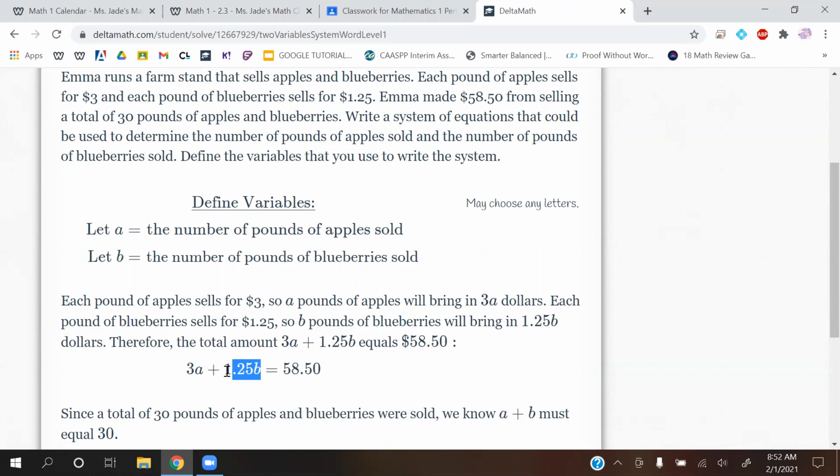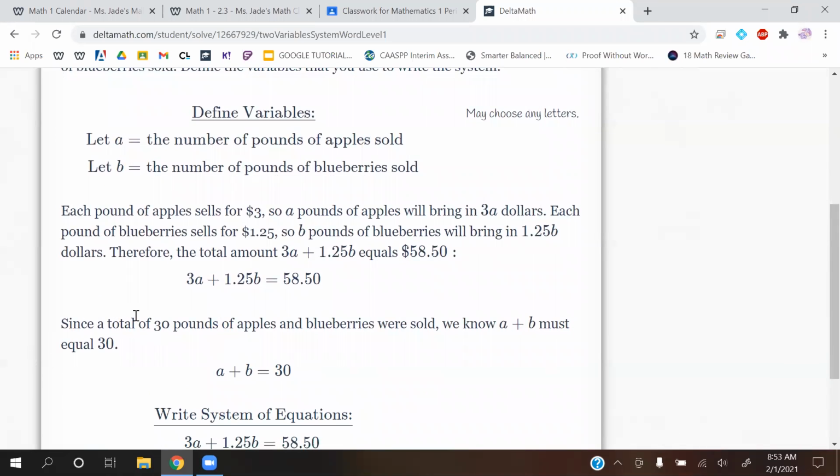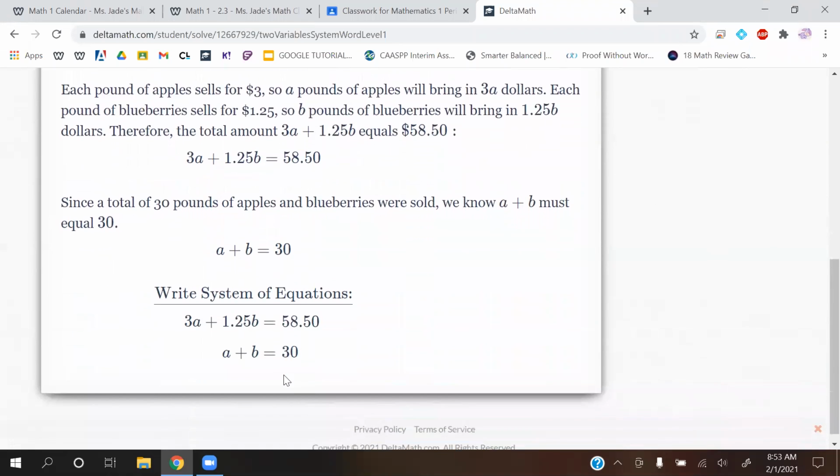When you add the blueberry dollars and the apple dollars together, you should get $58.50. And since there's a total of 30 pounds of apples and blueberries, if you add up the apple pounds and the blueberry pounds, they should be 30. So you just write the two equations. You don't need to solve them, you just need to write them.